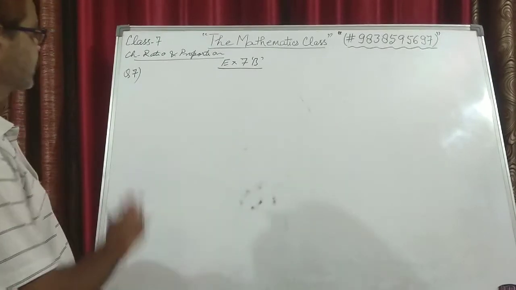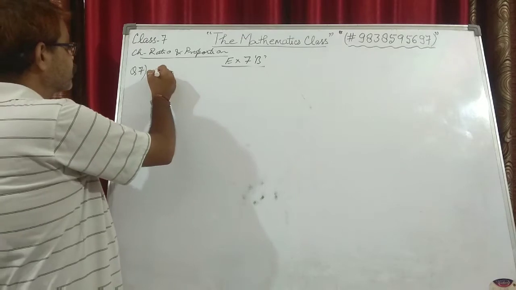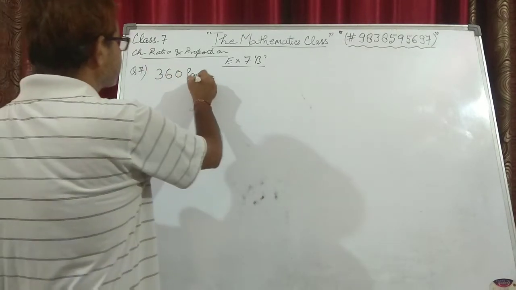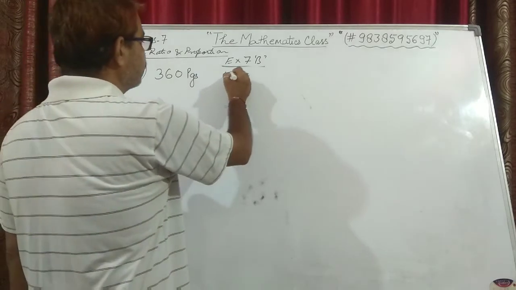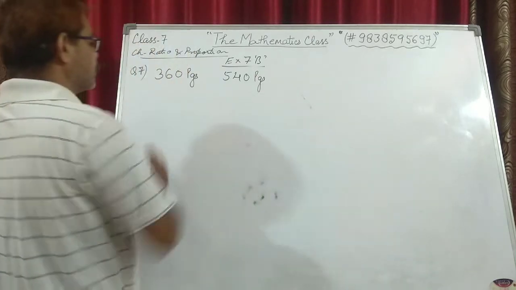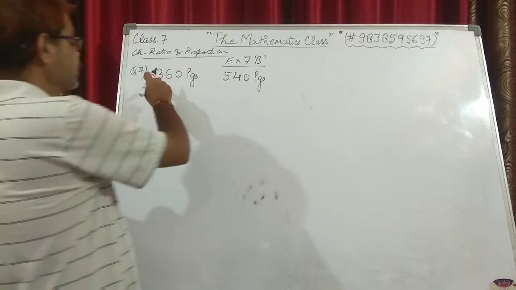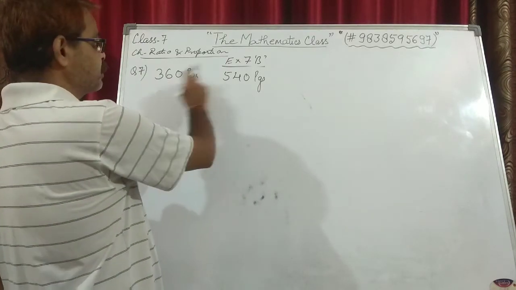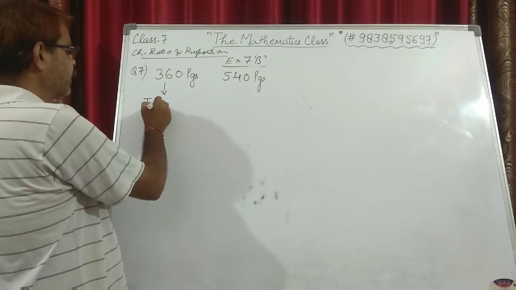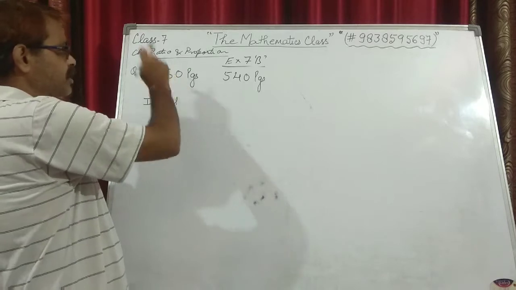Now question number 7. The number of pages in a book is increased from 360 pages to 540 pages. It means first the book had an initial number of pages of 360.